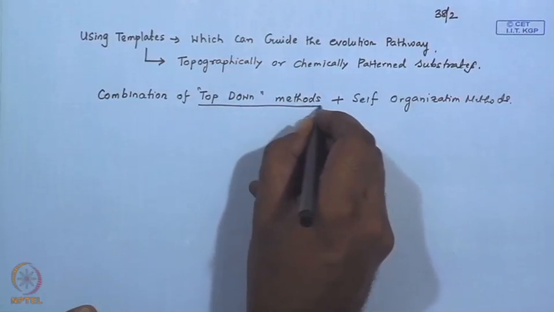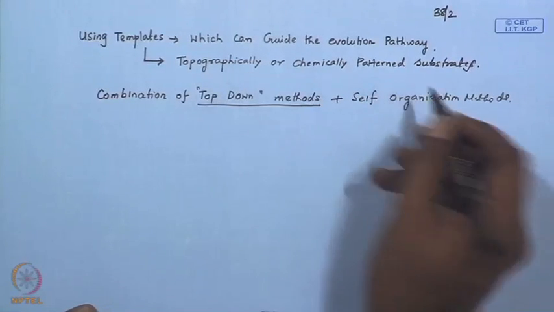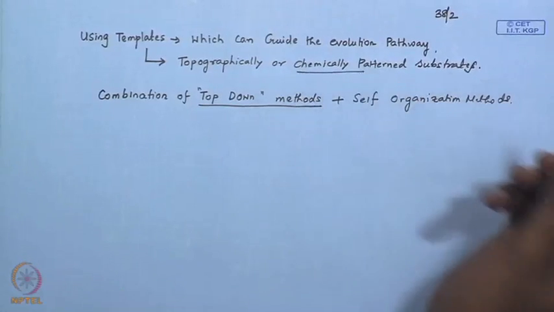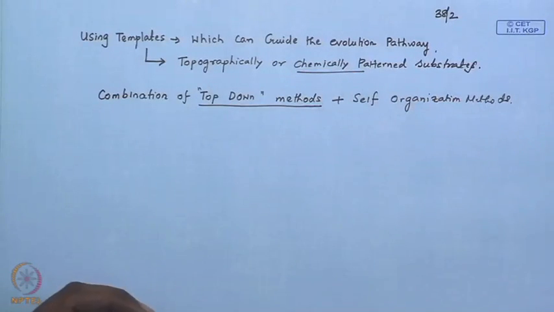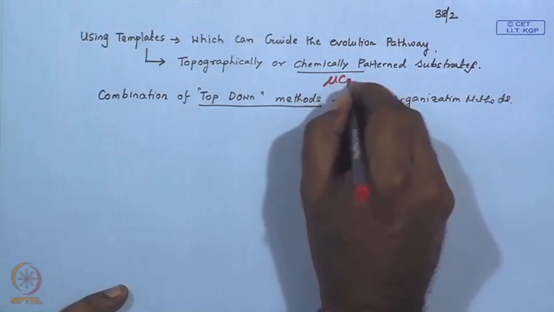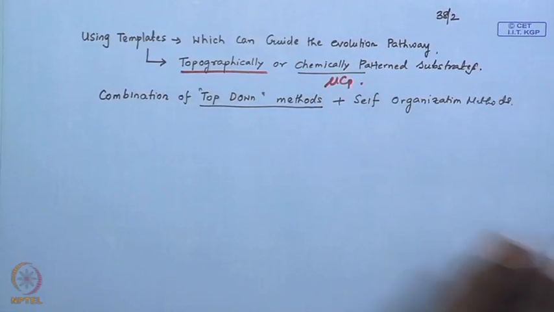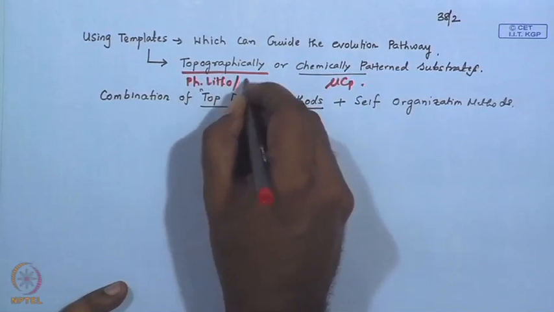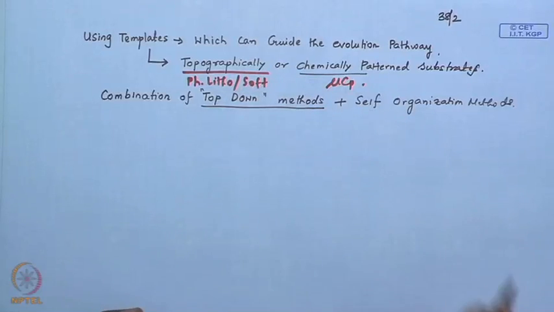So, why top-down? Because you have to make your topographically or chemically patterned substrate by some lithography. If you are talking about chemical patterning, you are going to use, let us say, a technique like microcontact printing, which is typically used. If you are talking about a topographically patterned surface, you can use photolithography or some other soft lithography methods. Okay.